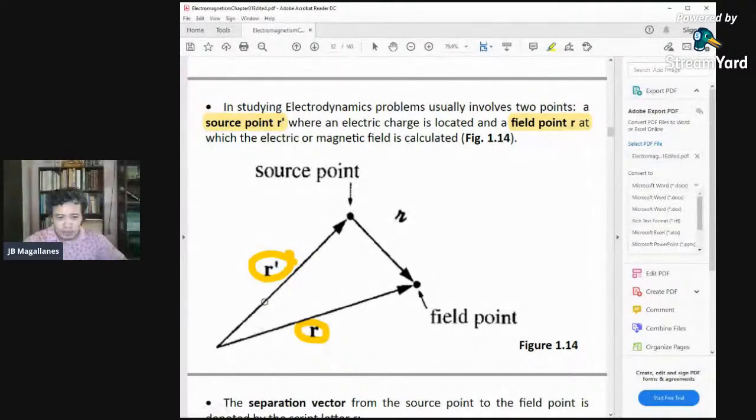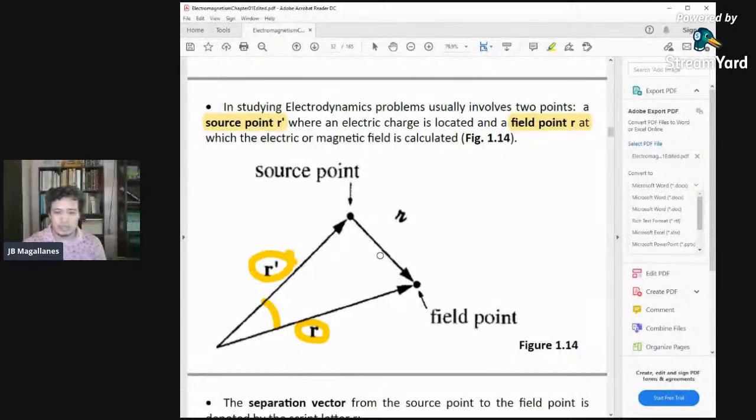There is an angle between them. If there's a difference of angle between them, then there must be a difference between the two vectors.